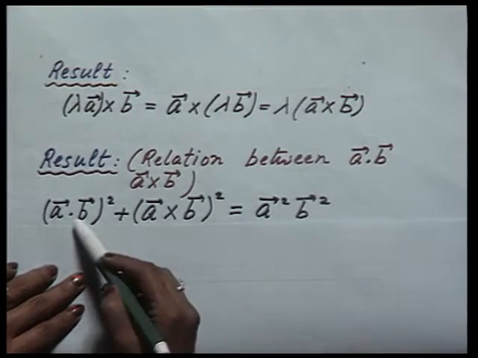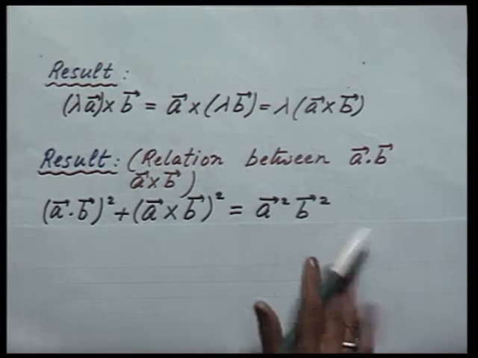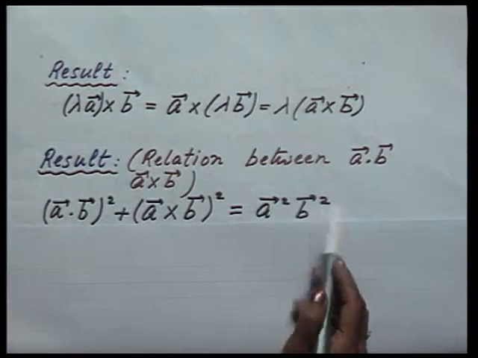Recollect that dot product is defined in terms of cos of theta and cross product in terms of sine of theta. We do know that cos squared theta plus sine squared theta is equal to 1. So, why not try to square A dot B as well as A cross B and add the two. A dot B squared plus A cross B squared, does it give us A squared into B squared?